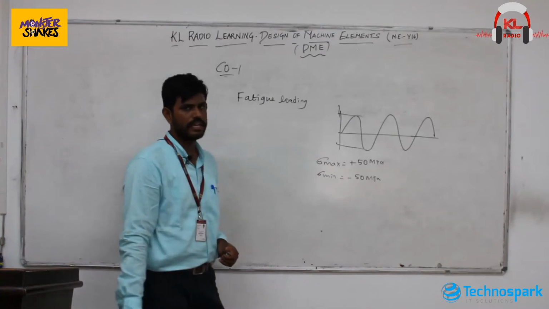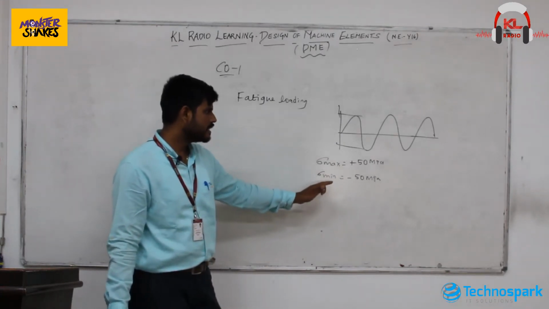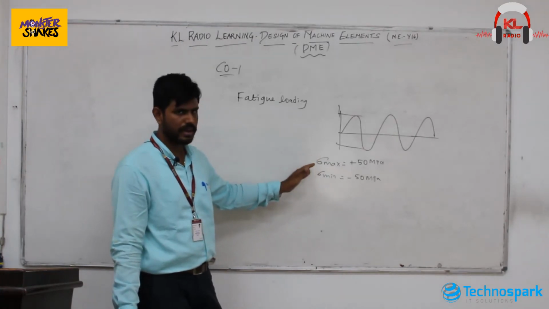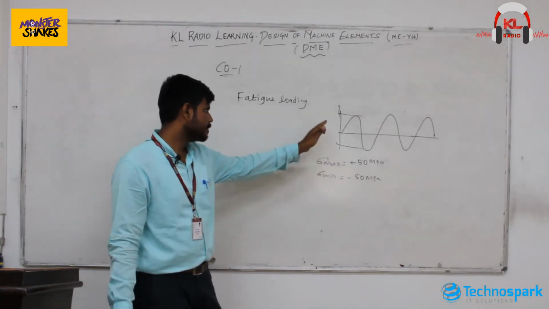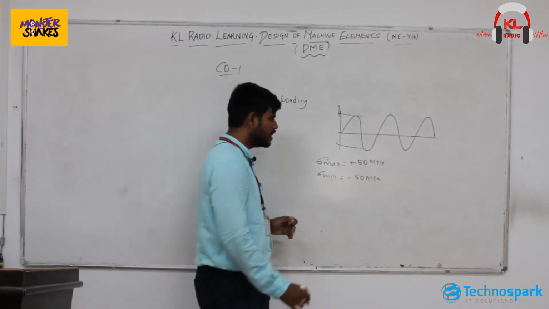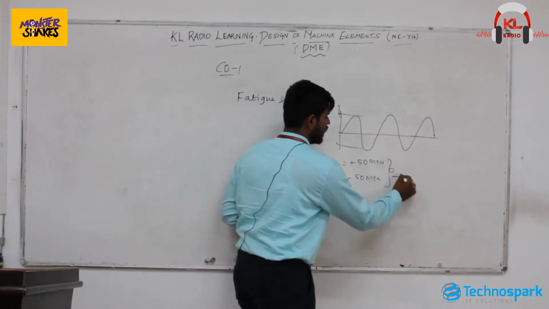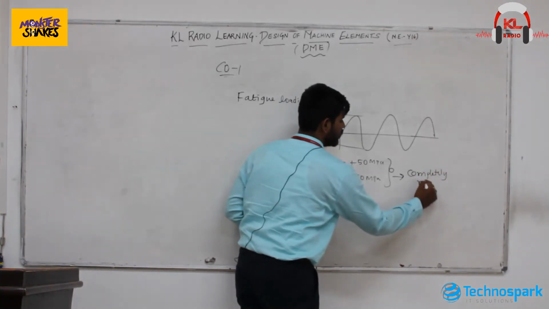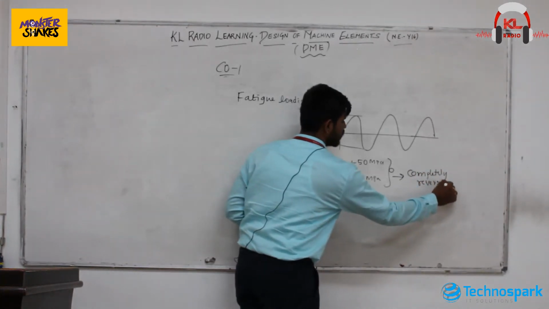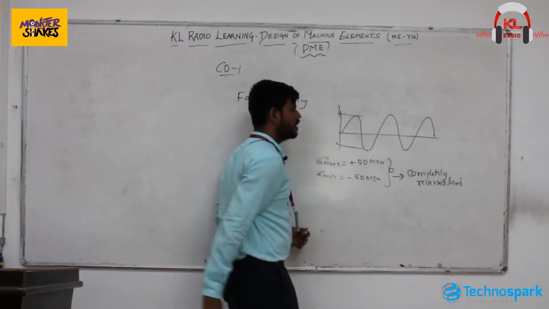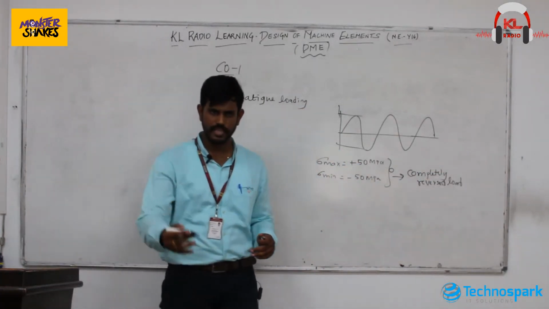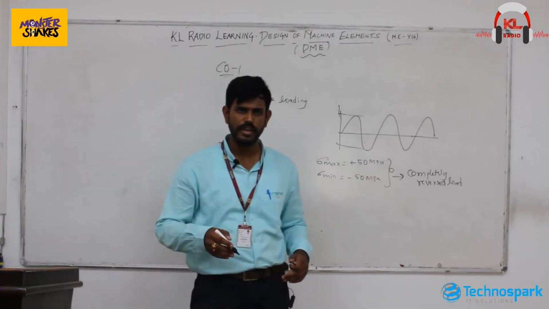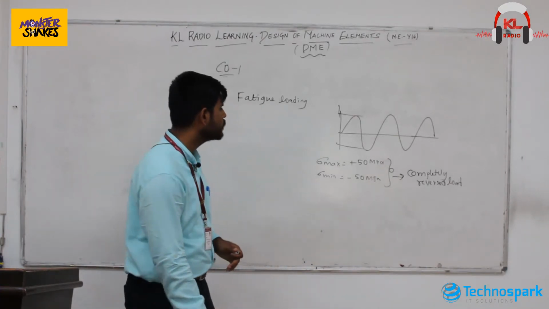That means only the magnitude remains the same, but the direction is changing here, which we call completely reversed load. The load is reversing completely such that the magnitude remains the same but the direction changes.